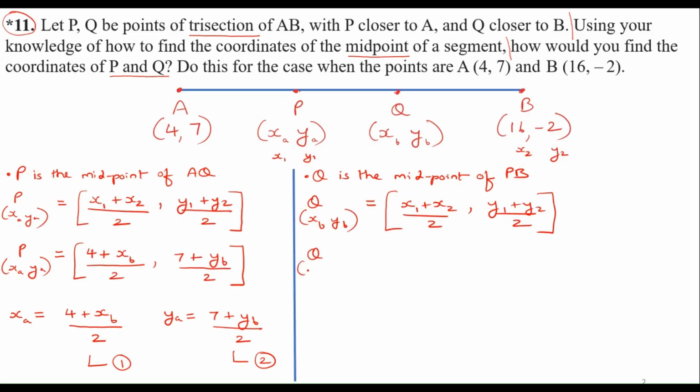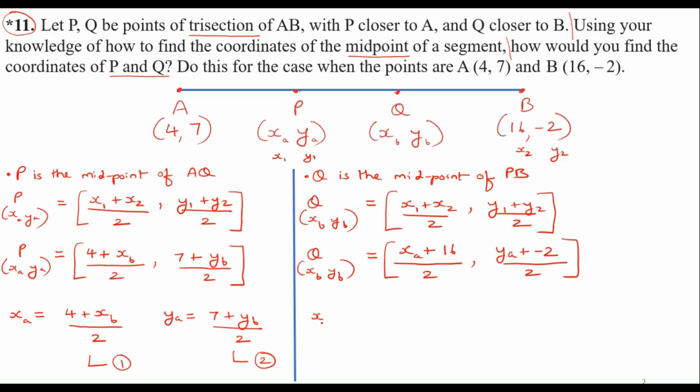Okay, so here Q: xb yb is equal to, now x1 is what? x1 is xa plus x2 is 16, divided by 2, and y1 is ya plus y2 is minus 2, divided by 2. Now xb is equal to this part and yb is equal to this part.